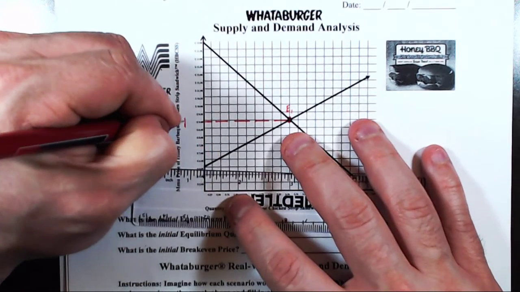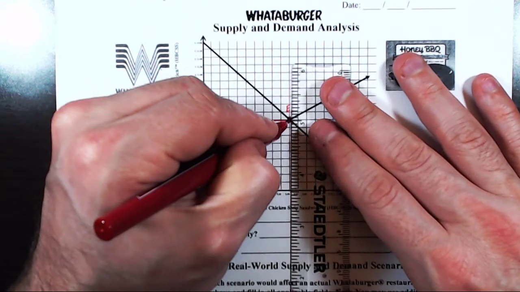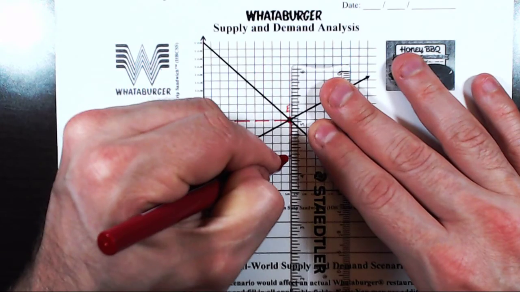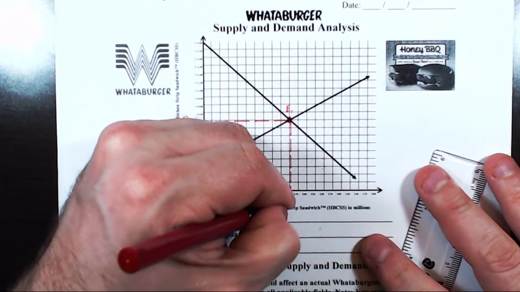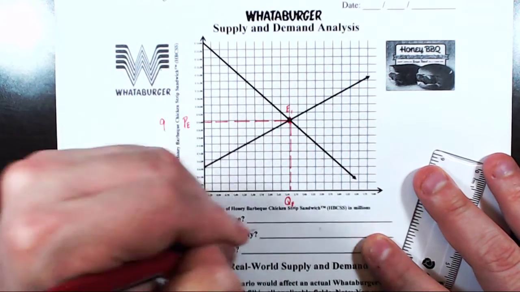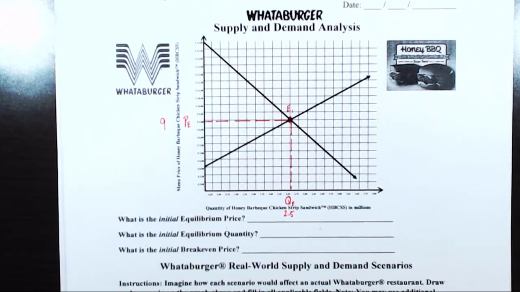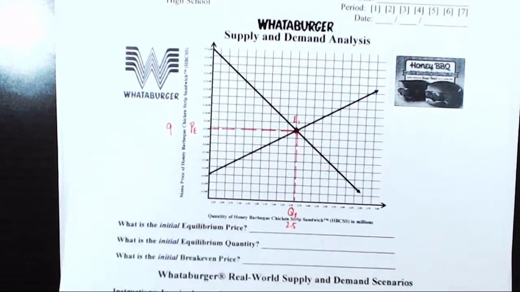So this is price equilibrium, and my initial quantity was 2.5 million sandwiches. So I'll just draw that down and make this the quantity equilibrium, and we'll call that 9, and this is 2.5. Just get back to where we were. Now let's proceed with scenario number 2.